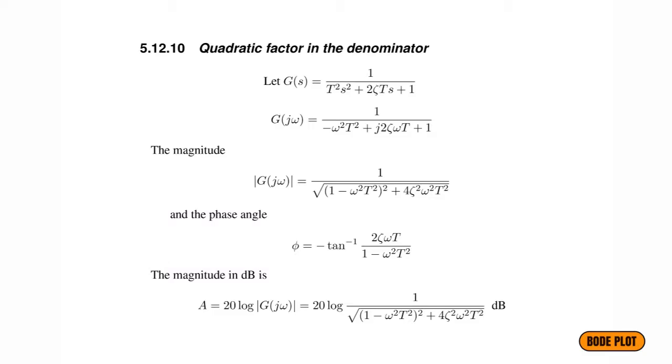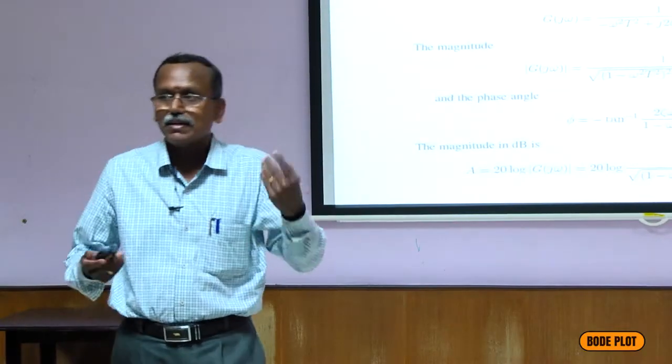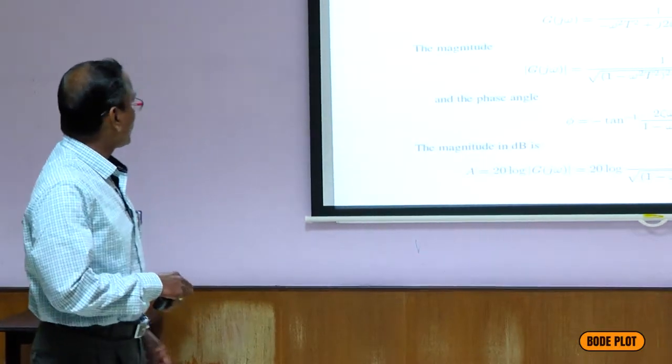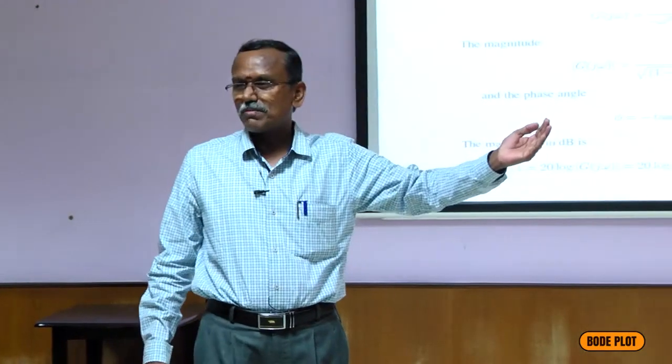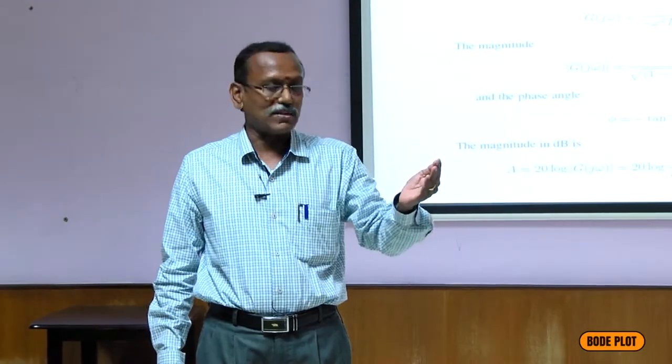For that, if omega tau is far greater than 1, then omega square tau square to the power 4 is already large. Omega square tau square multiplied by zeta, with zeta less than 1, is further negligible. When omega is less than the corner frequency, omega tau is negligible.